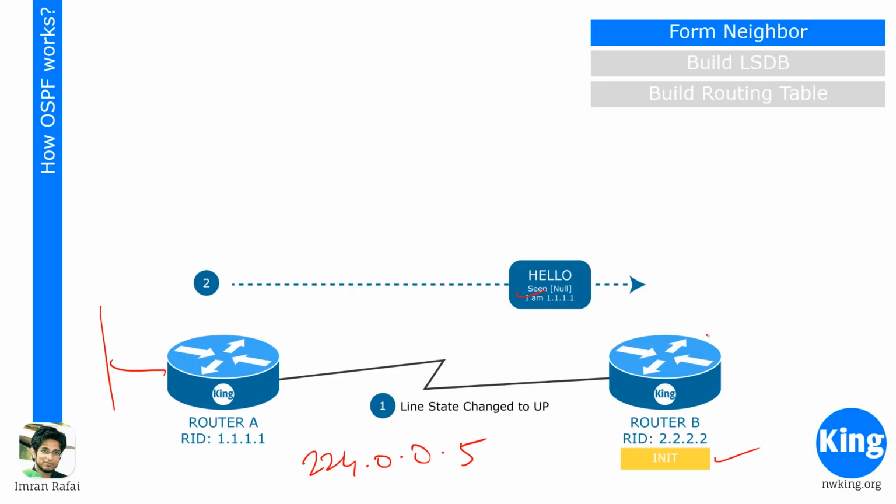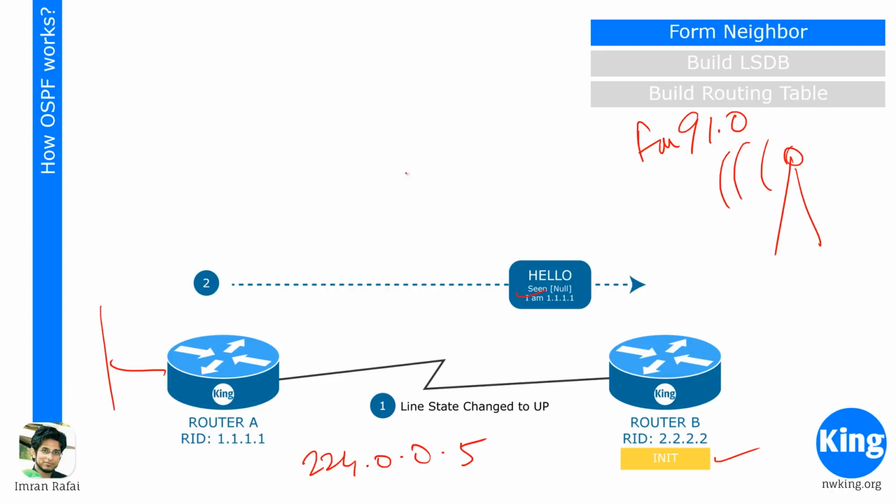Now, when you're talking about multicast, a lot of people ask this question: what's the subnet mask for multicast? There's no subnet mask for multicast. Multicast is like a radio signal, right? You know FM 91.0 is the radio station.